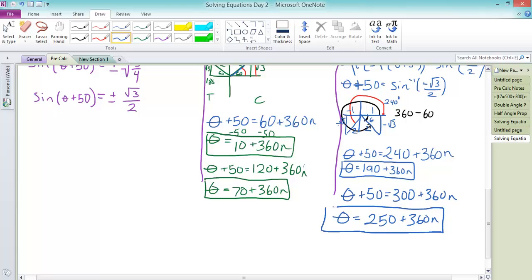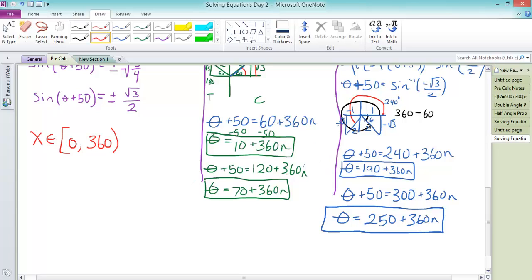Now, since I have general solutions, it would be just as easy for me to find specific solutions given a certain boundary or a certain interval that I'm looking for. So if I wanted x to be between 0 and 360, I would just need to plug in values of n into each of these equations and write what they would return.